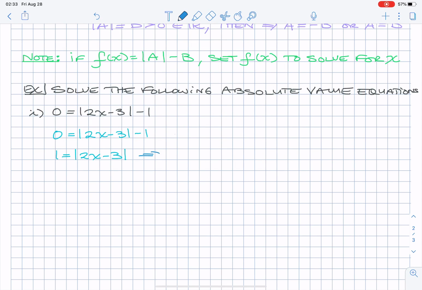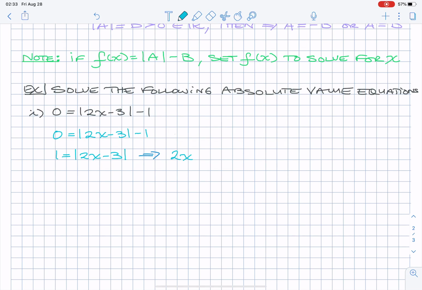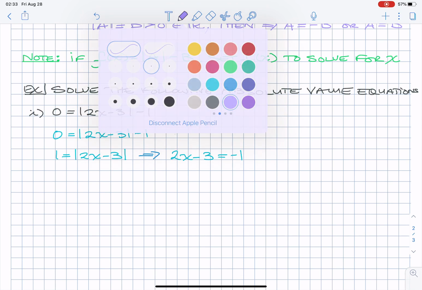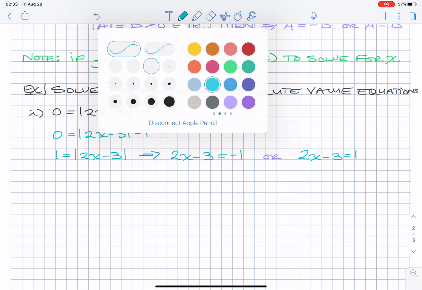So, do you agree that whatever's inside in absolute value has to be 1? So we either have that it's negative 1 or we have that it's positive 1, because the absolute value of negative 1 is 1 and the absolute value of positive 1 is 1. So now we can just solve in each case.